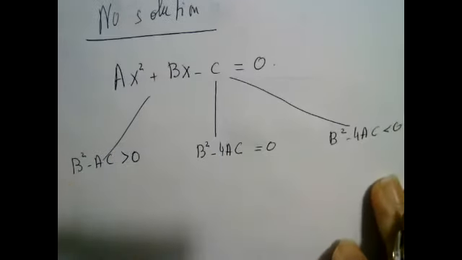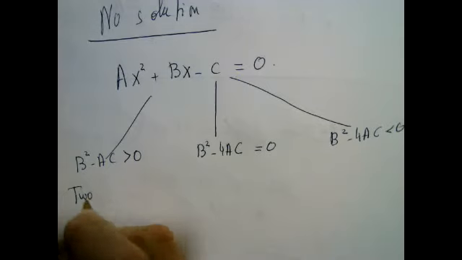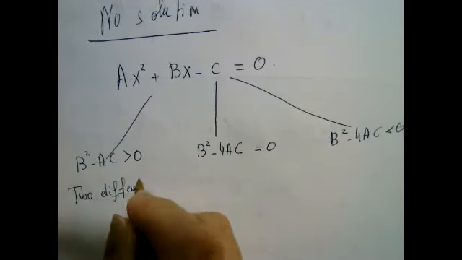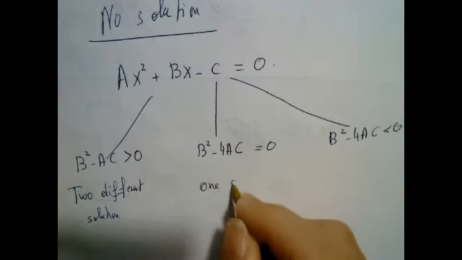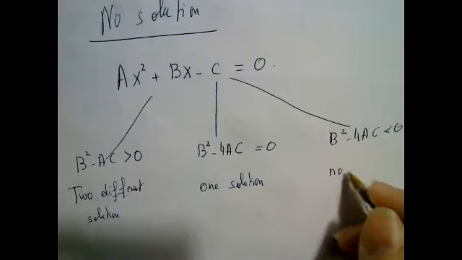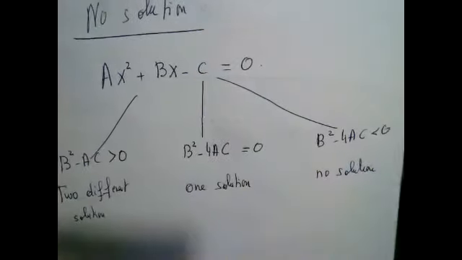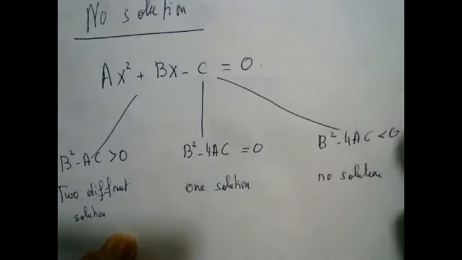In the first scenario, we have 2 different solutions only. In the second scenario, we have 1 solution. In this case, there is no solution. There is no value of x which will give us zero. Okay, so that's really the idea.